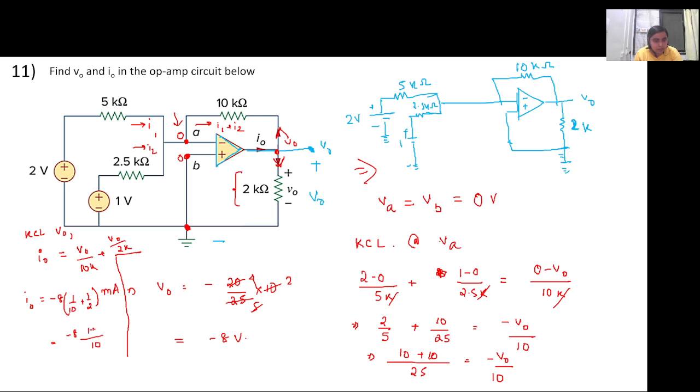And this will be 1 plus 5, minus 24 by 5 milliampere. So this comes out to be 4.8 milliampere. So actually the current direction is in this direction, right?